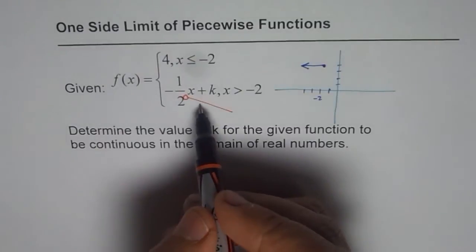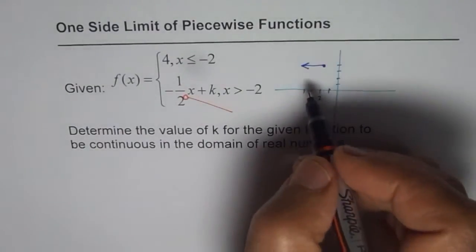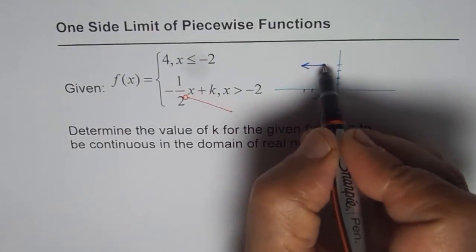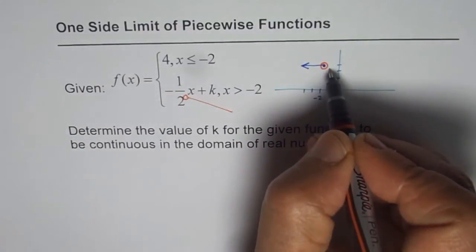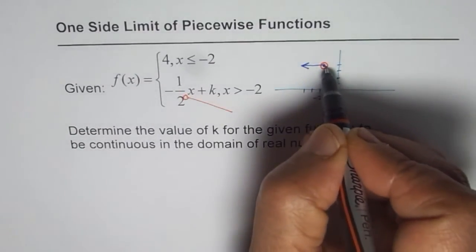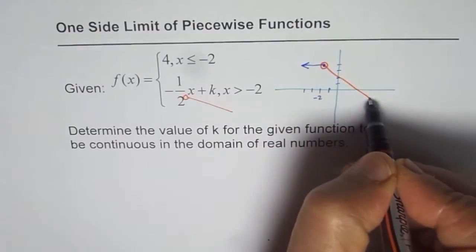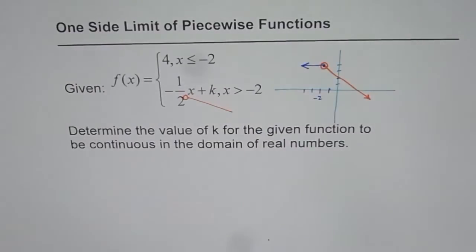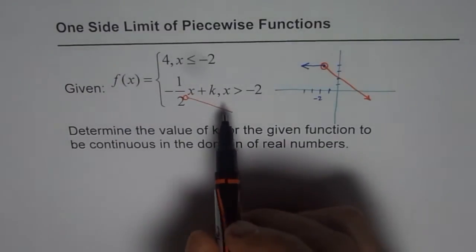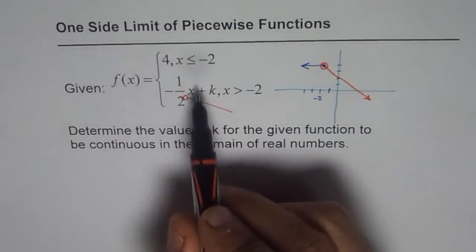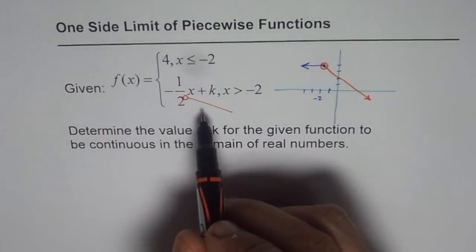Now to make this function continuous, what we have to do is align this hole with this point. If we can do that and then sketch our function, do you understand? Then we can get a continuous function. So that is the concept. So what we really understand from here is that at minus 2, both these pieces should have the same value, correct?